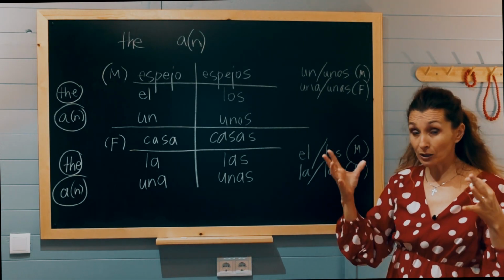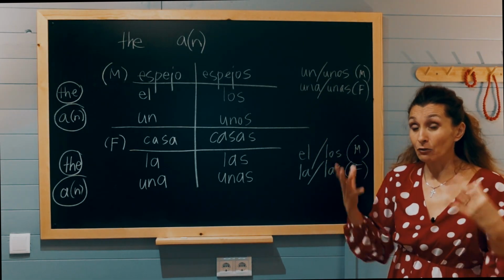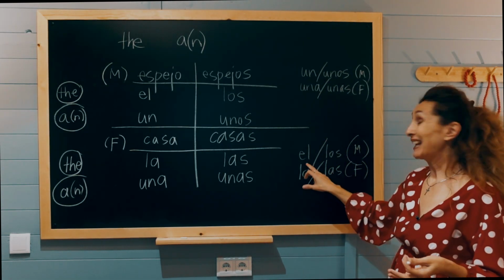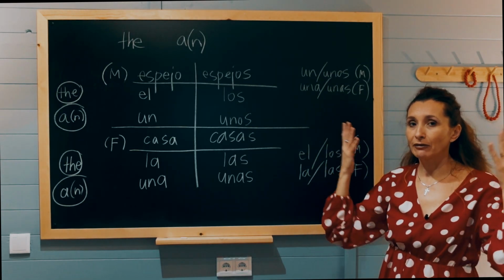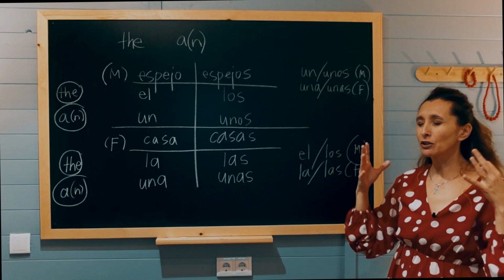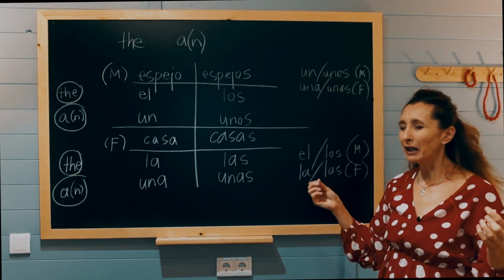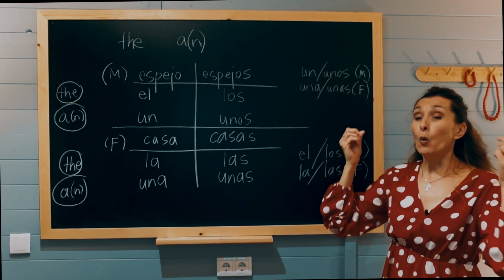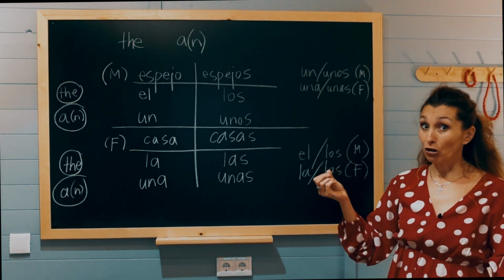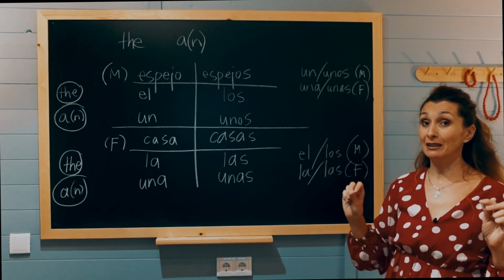And you have to be conscious that you are repeating a noun that is masculine. This el is not just a sound that you make. It has to carry a meaning. You have to know that when you say el espejo, you are aware that this espejo is a masculine noun.